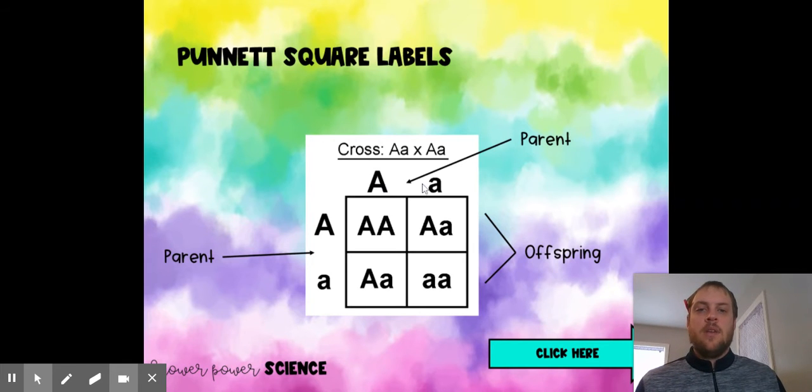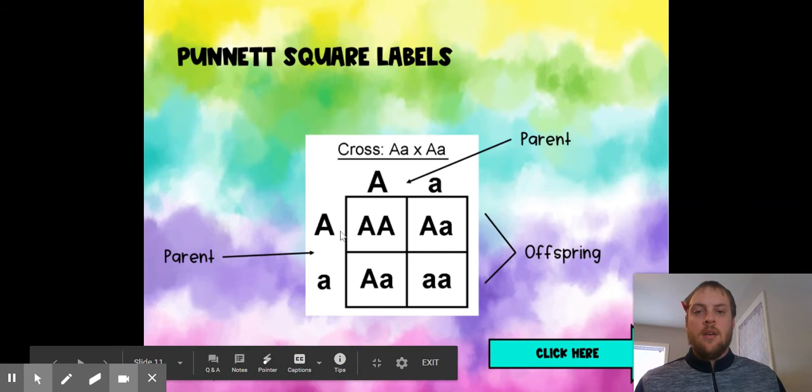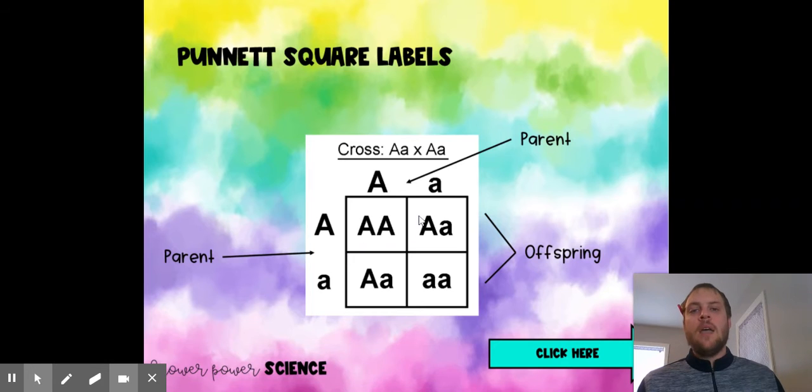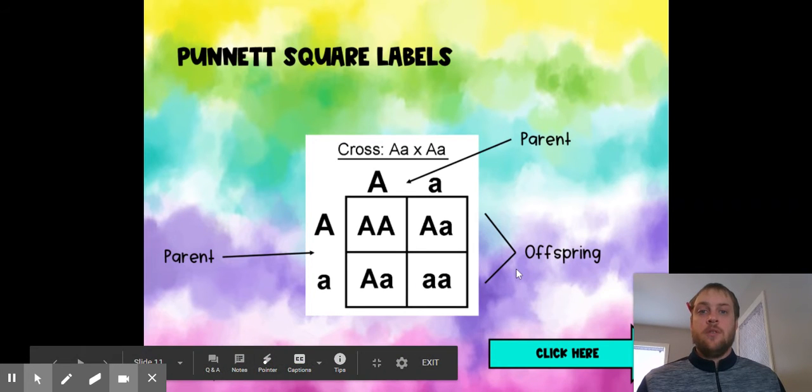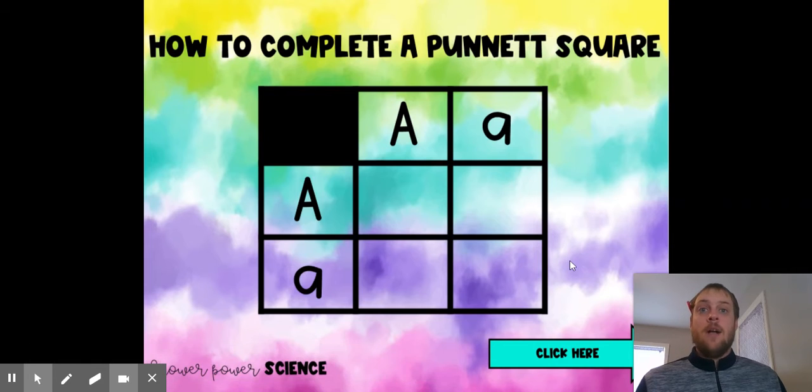You can see we separate them so that one letter is over each column, and one letter is aligned with each row. In the middle are the possible outcomes, or the possible genotypes, for the offspring of this next generation.